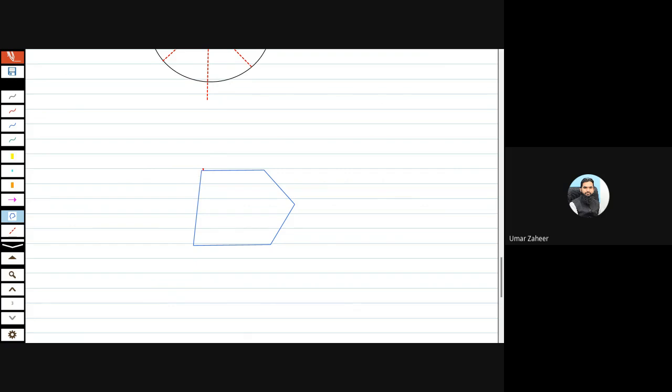No, because we get different types of shapes for this one. We have regular and non-regular, but obviously it depends upon the given situation what type of pentagon is going to be given. Let's say I have to write a regular pentagon.